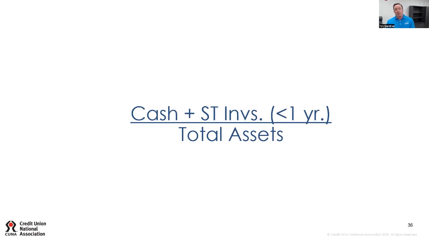So when you do that, you can talk about the ratio itself, why it has changed over time, but then you can also bring other things into play. For example, you might see that we have a low cash plus short-term investment ratio for our credit union. And maybe that's because we have a lot of lines of credit at different places, at the corporate credit union, at the Federal Home Loan Bank, whatever the case may be.